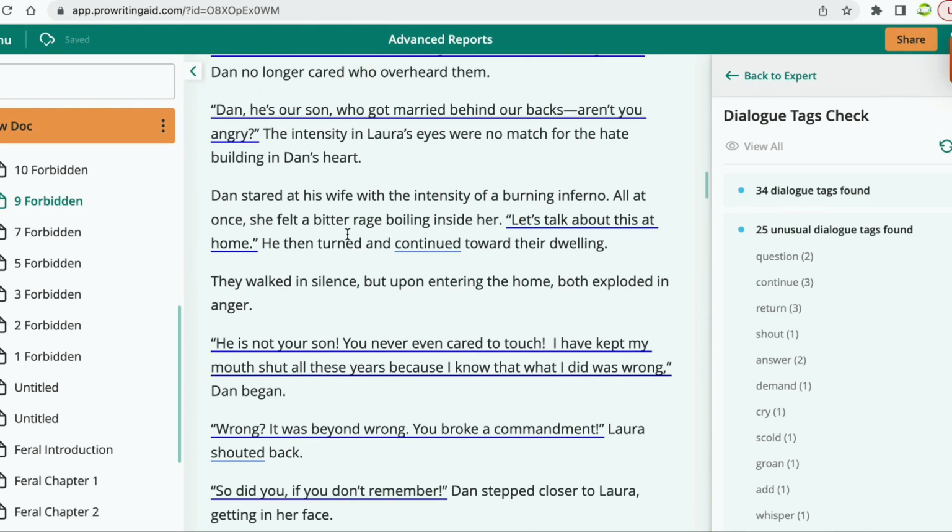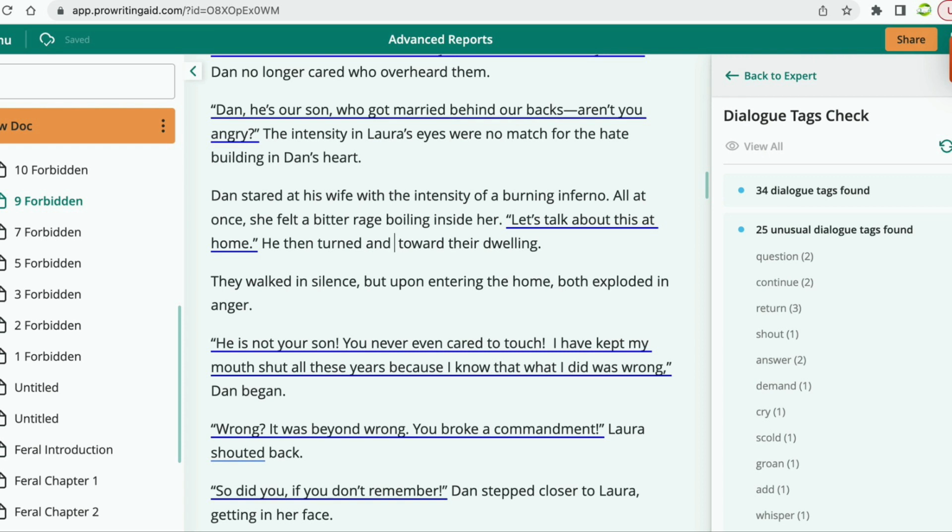Okay, so another one right here. He then turned and continued toward. Even though this is far from this, it's not saying he continued for. It still, I guess, reads the same way. So just to save that argument, I take that out. Let's talk about this at home.